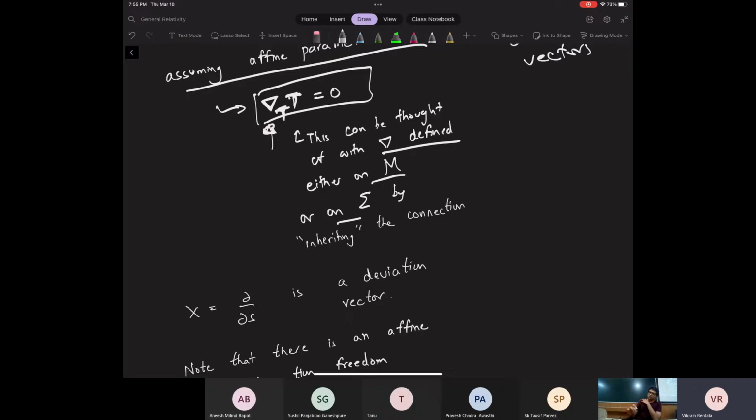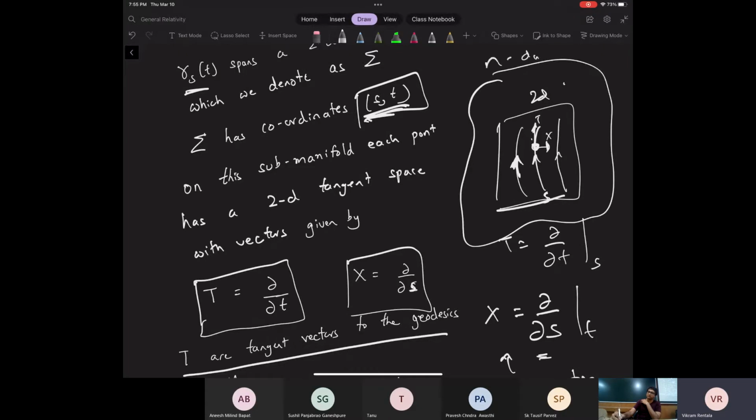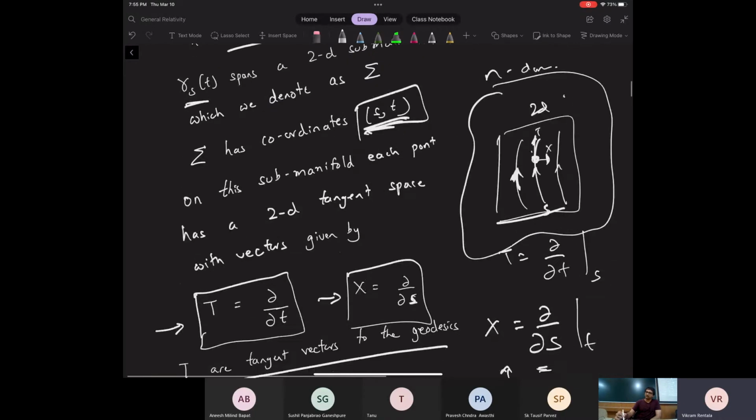We won't think about this. We'll just think of this as some 2D submanifold embedded inside some n-dimensional manifold. We can think about these T and X as vectors too.